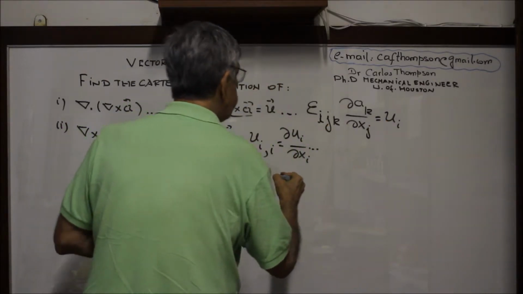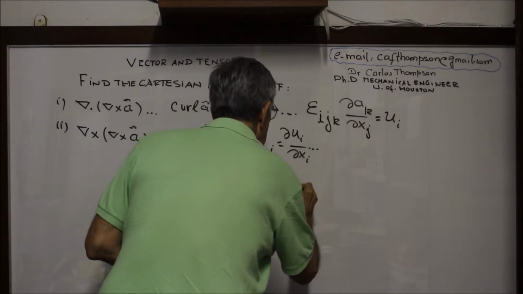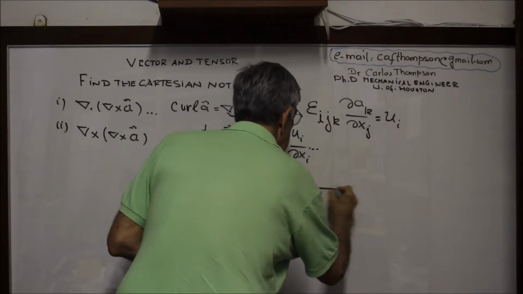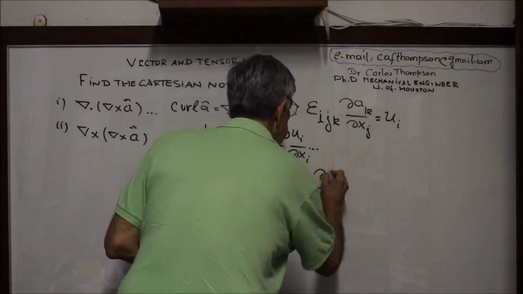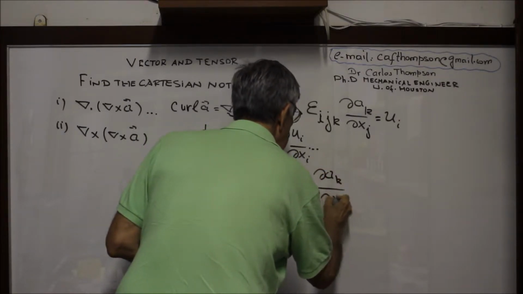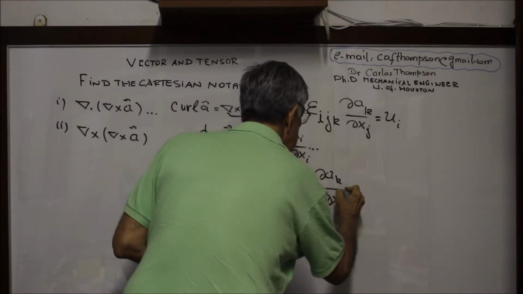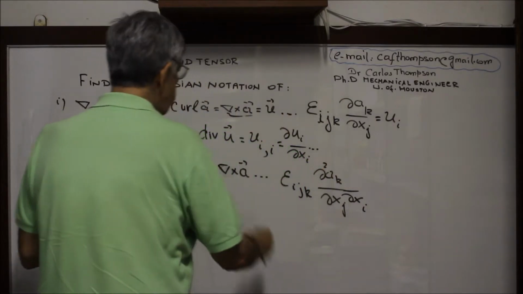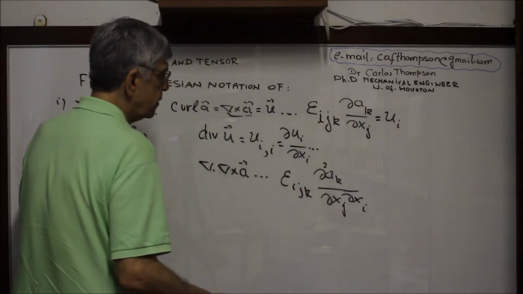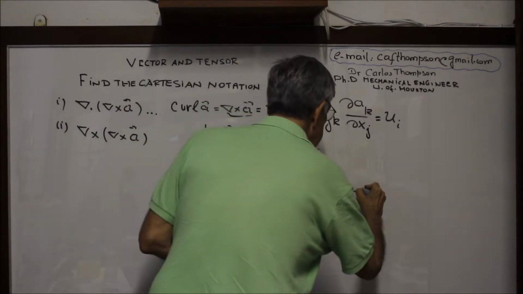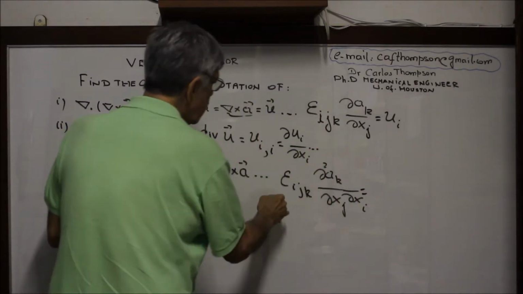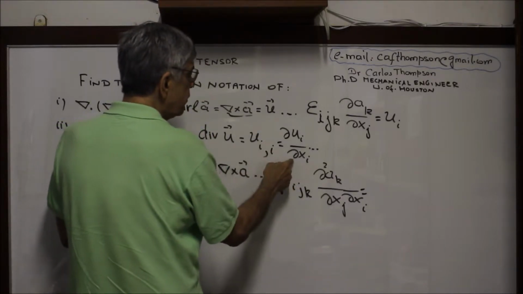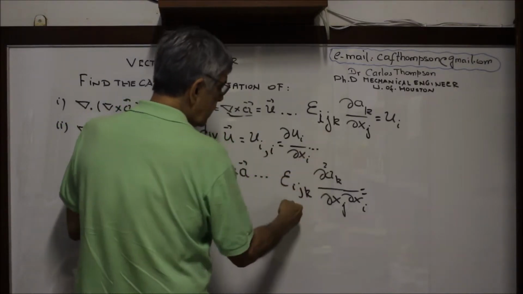So this will be epsilon ijk. Now partial of A k with respect to x j, partial of x i. So this will be a second derivative. I can write here this because look, epsilon ijk is a constant. So the derivative with respect to x i, this is a constant.